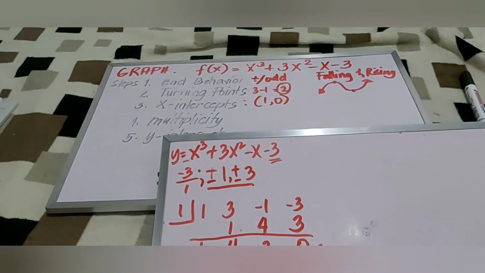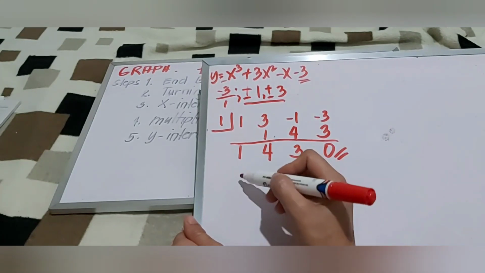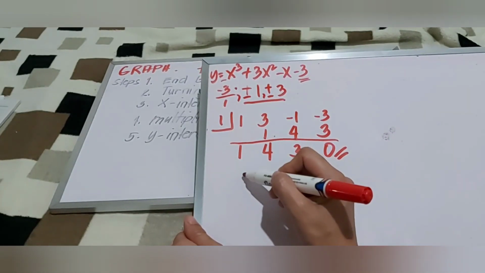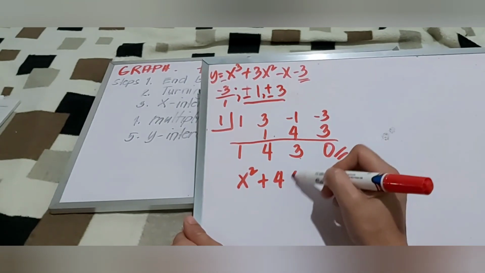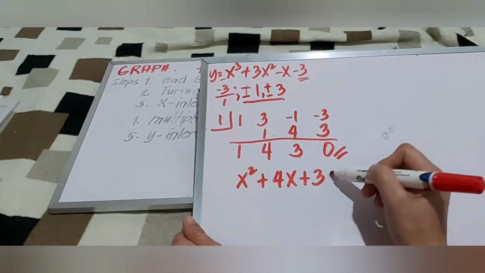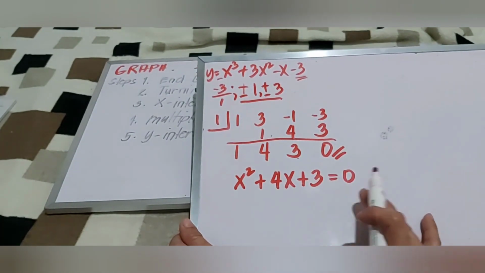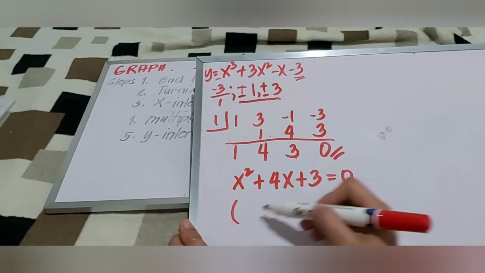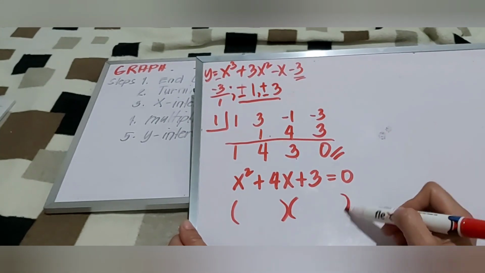Kasi 1 yun. Now, from there, 1, 4, 3, pwede na itong gawing quadratic equation. So, x squared plus 4x plus 3 equal to 0. Dahil tatlo na lang sila, quadratic na to, at pwede na tayo mag-factoring. Factorable naman siya. Kung hindi, gagamit tayo ng quadratic formula.